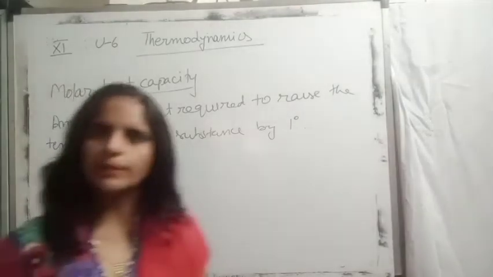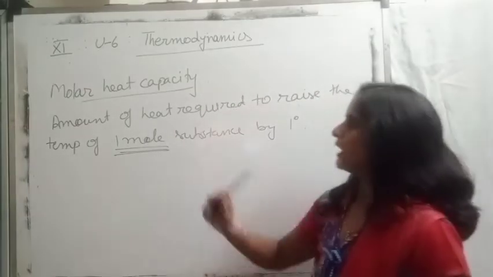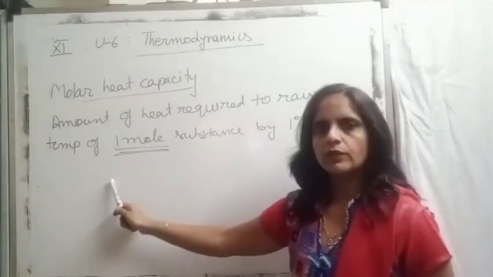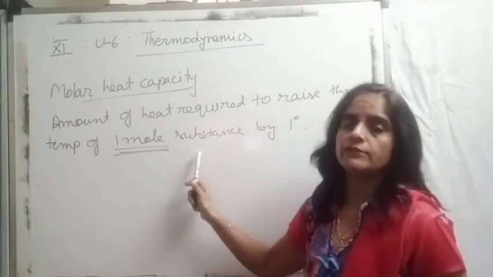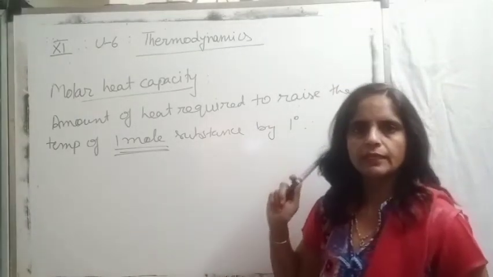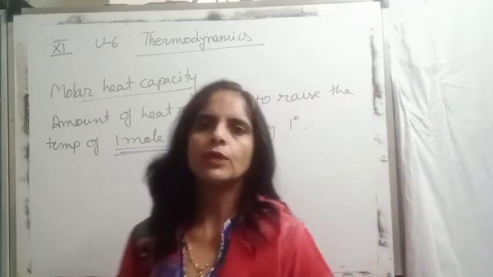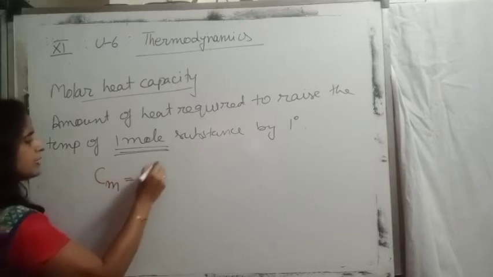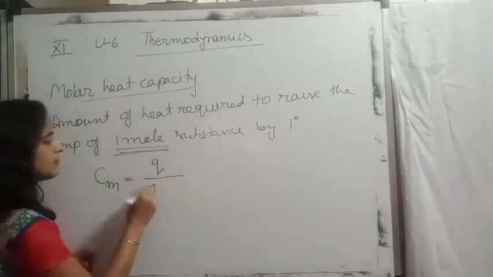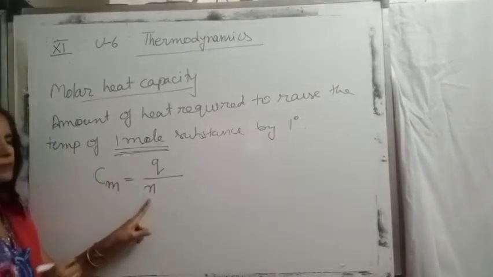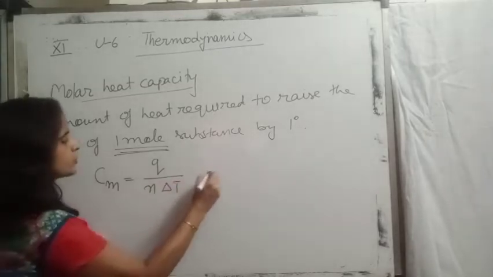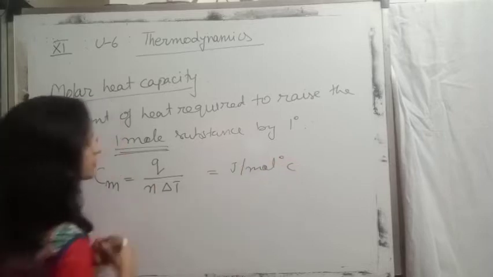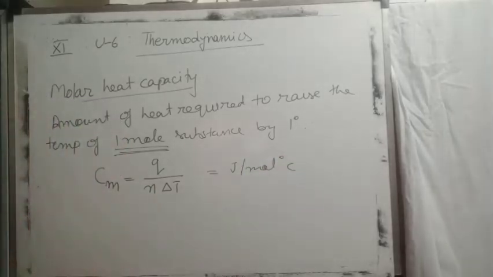So with the same language: amount of heat required to raise the temperature of 1 mole of substance by 1 degree. This is termed molar heat capacity. The formula, in place of mass, uses the number of moles and delta T. So the unit is joule per mole degree Celsius.